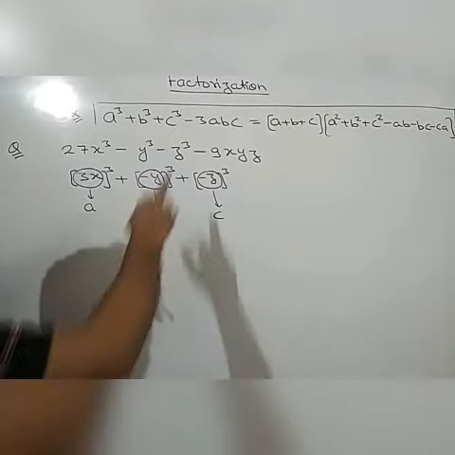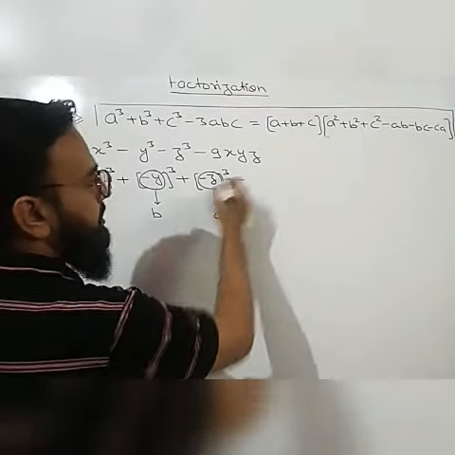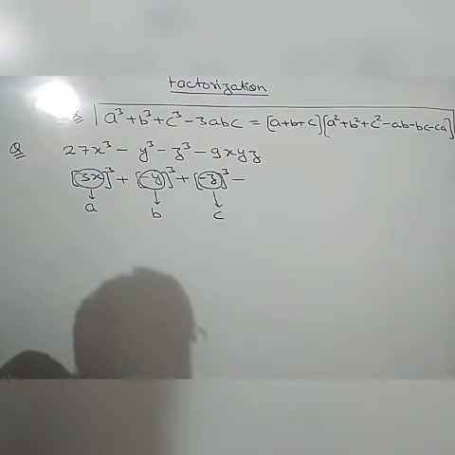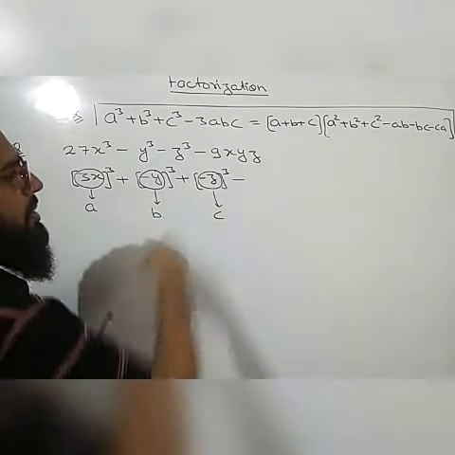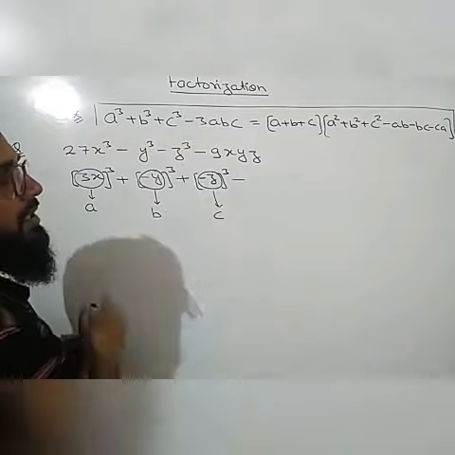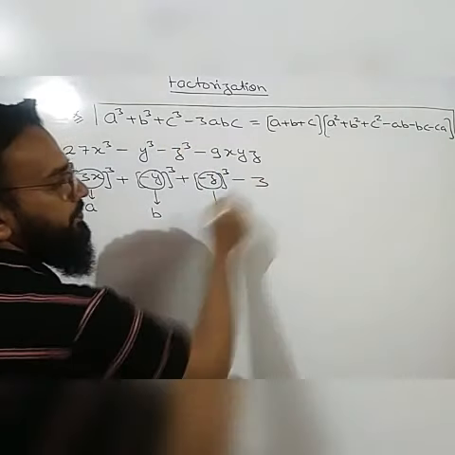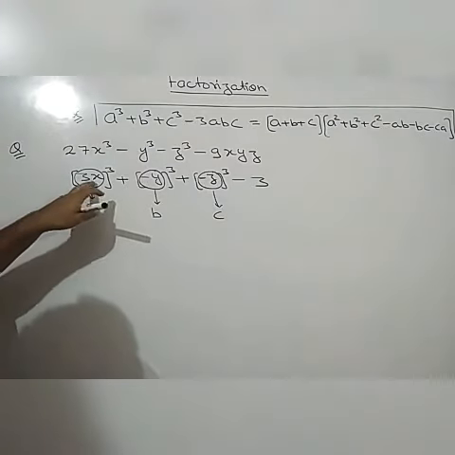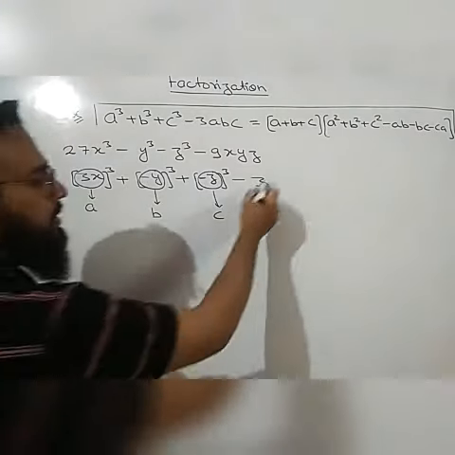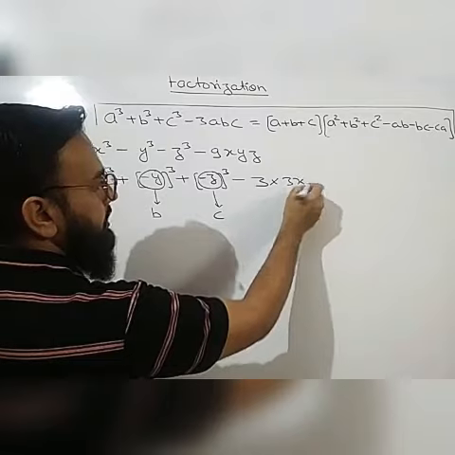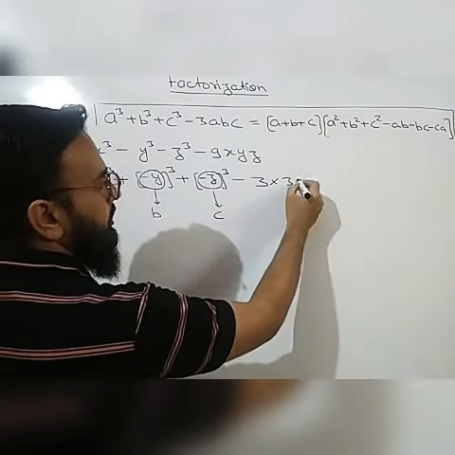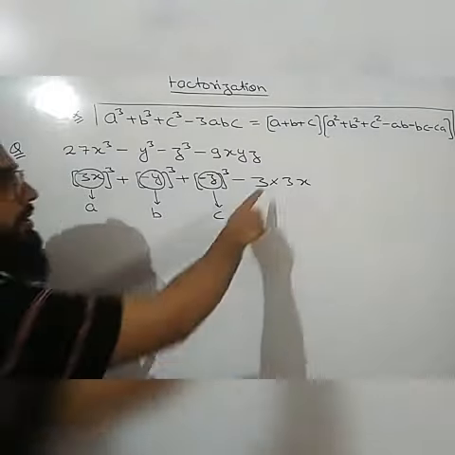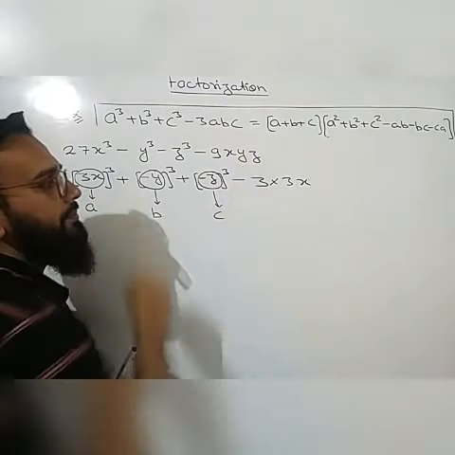Okay, now what will happen? It is minus here, and it is also minus in the identity, so we will take minus here, no problem. Now it should be converted in terms of 3abc. So first we will write minus 3. Then what is the value of a? It is 3x, so we will write 3 into 3x at the place of a.